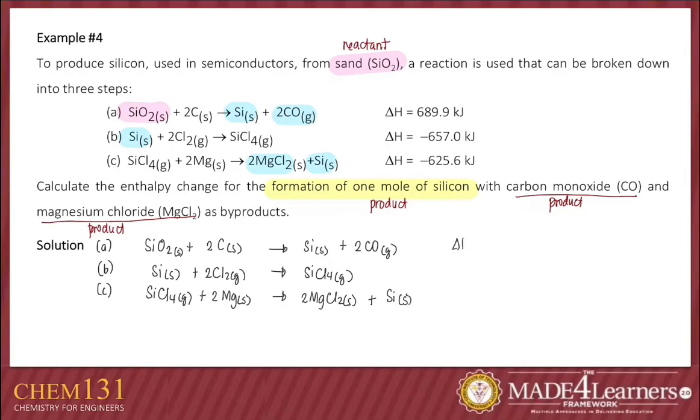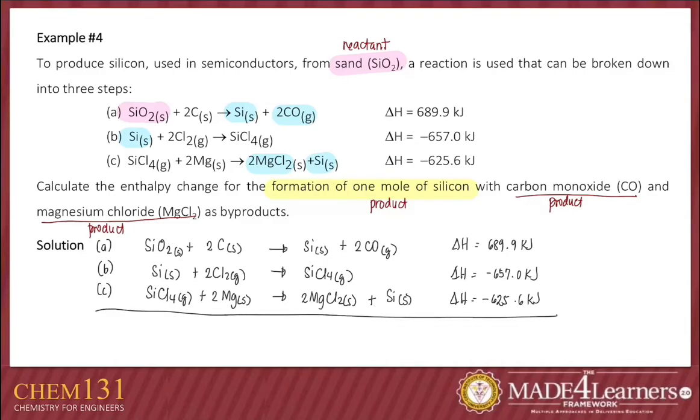And delta H here is 689.9 kilojoules, and delta H here is negative 657 kilojoules. And delta H here is negative 625.6 kilojoules. And we are going to add the 3 equations.